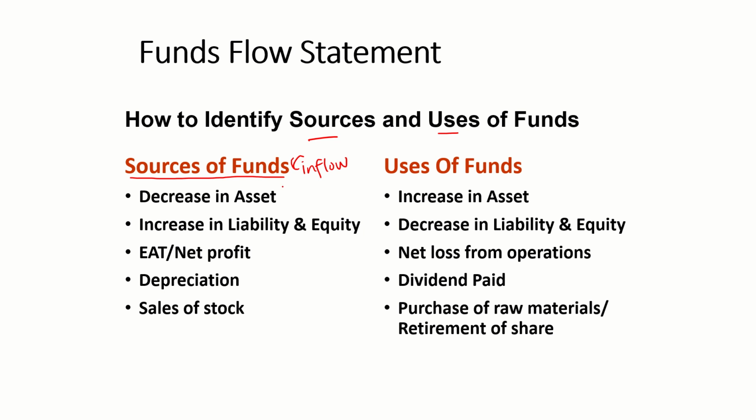Inflow is a decrease in asset. How can a decrease in asset be considered as a source of fund? When we sell assets, which means we get cash, we get cash, then it becomes a source of fund.